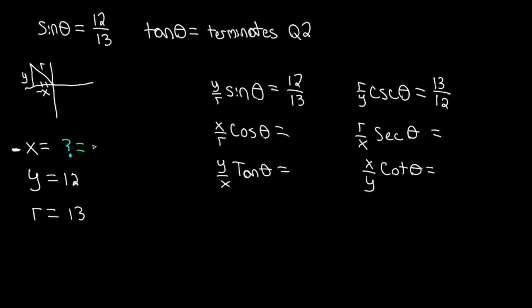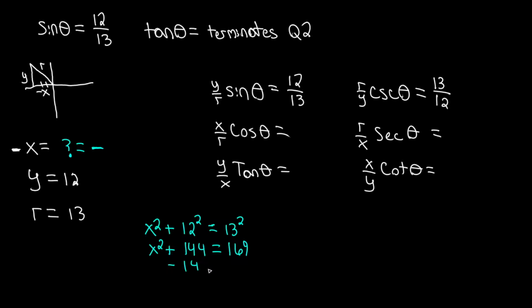All we know for sure is that it's going to be negative. Let's do the math though, Pythagorean theorem. x squared plus y squared, which is 12 squared, equals r squared, 13 squared. So x squared plus 144 is equal to 169.